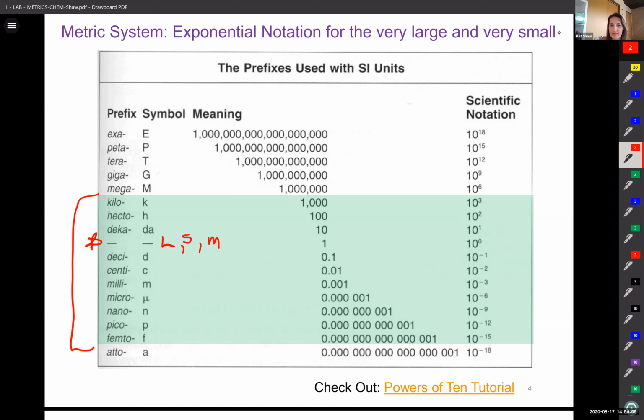So let's take a base here. Let's use liters. No, let's use meters. Let's use distance. Okay, so there's our base. Here, if we say deca, which is oftentimes written as DA as well, oftentimes with a capital D to denote that it's greater than our base, deca means that we have 10 of those meters, decameters.